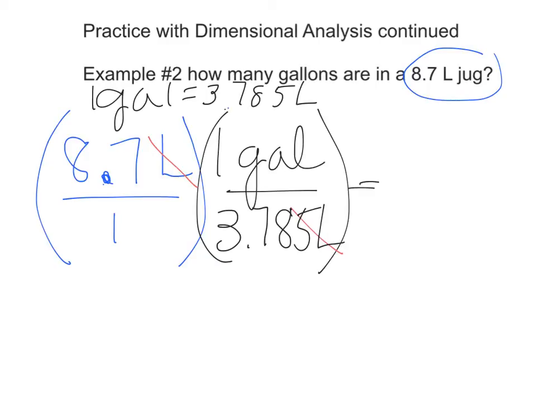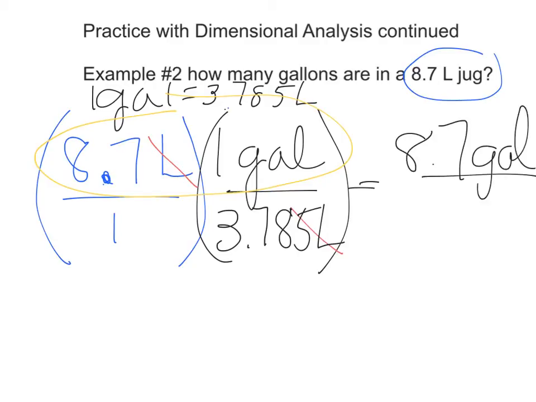And now we simply do the math. So we go straight across the top. We multiply these 2 together. So we know that 8.7 times 1 is 8.7, and the units there that aren't canceled out are gallons. Now, of course, we can go straight across the bottom, and we're going to multiply these together. 1 times 3.785, of course, is 3.785.